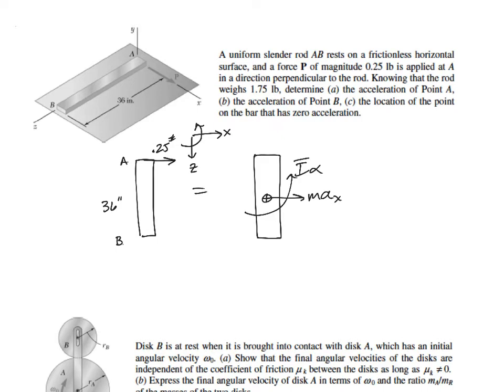And again, you could find that the mass of the rod was 1.75 pounds divided by g. And again, this is going to be at 18 inches. So we could find the acceleration of the center of mass. We could then find the acceleration of point B by the relative acceleration equation.